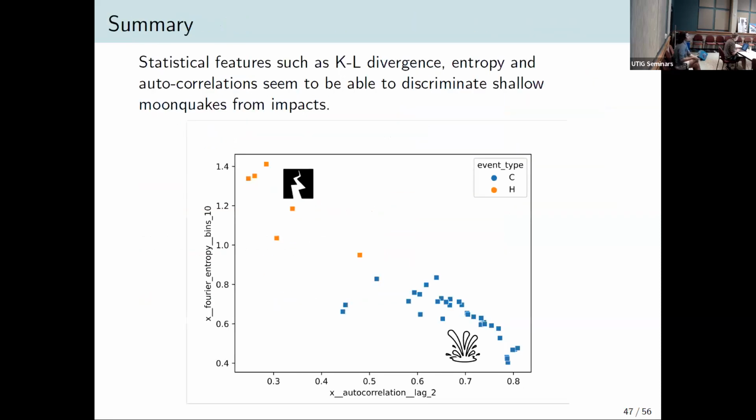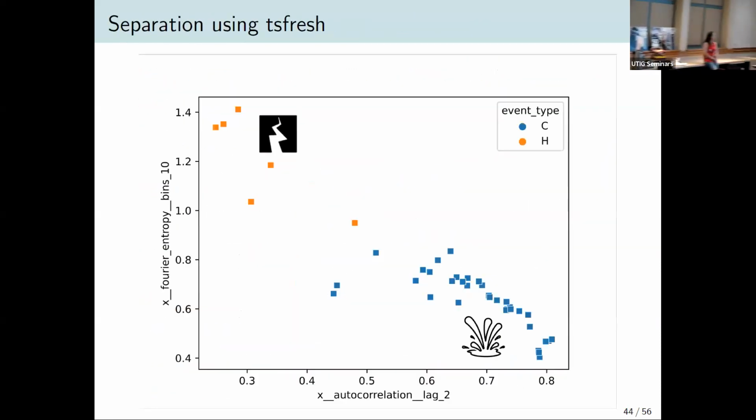Yeah, so I'm going to flick back a little. I have this figure here, in another version of this plot which I have not included. In the catalog, events can be classified as, confusingly, C here, which is impact, or H, which is shallow moonquake, but they can also be classified as Z, which in the original catalog is a signal, but we don't really know what it is. So I think there's a great opportunity to look at these events where they weren't quite sure, and see where they plot here.